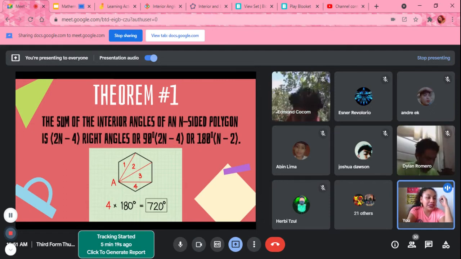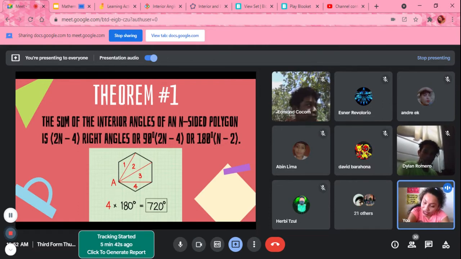What is the sum of the interior angles of a triangle? Who remembers? Anybody? What is the sum of the interior angles of a triangle? How many degrees does a triangle have in total? 180. Very good, 180.